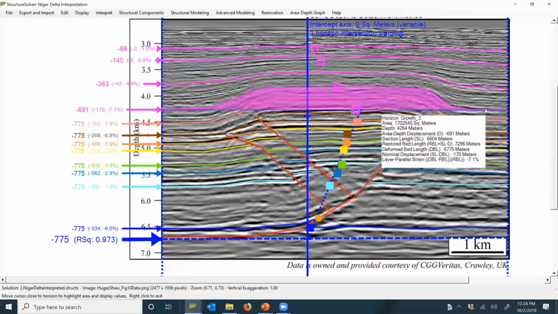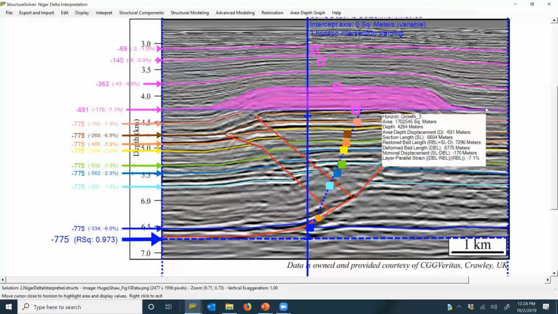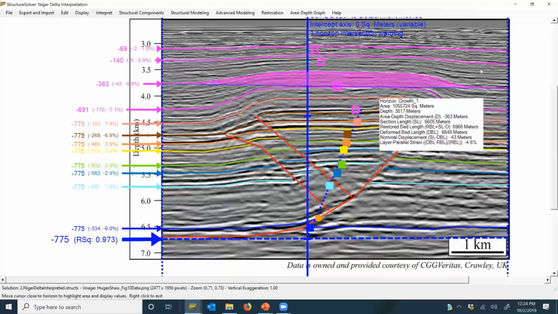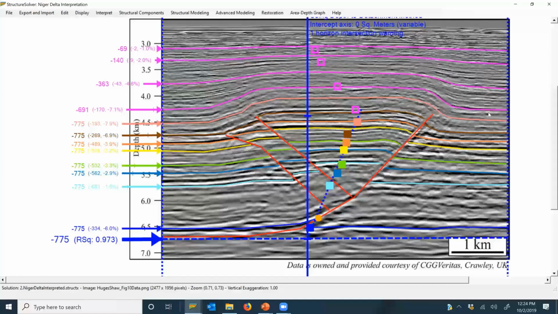But for this overlying interval, the fold areas actually decrease towards the surface instead of towards the fault. And this is generally a characteristic of growth horizons. The reason is that these horizons get progressively younger towards the surface, and they were deposited syndepositionally. So you see that they're thicker in the footwall than they are in the hanging wall. And so they've actually been deposited as this fold was growing.